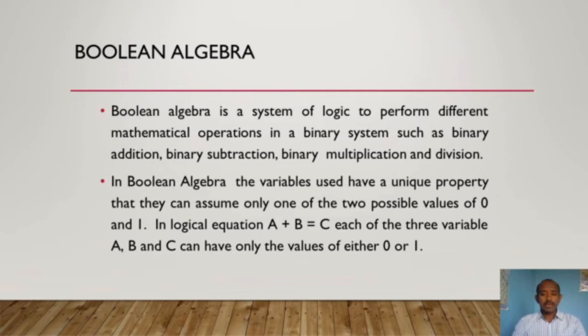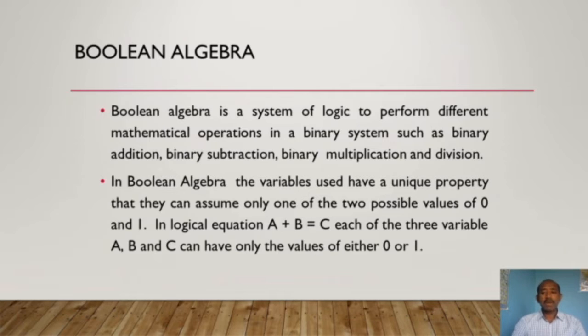In the last sessions we have seen that binary means only two digits are possible, either 0 or 1. In Boolean algebra, the variables used have the unique property that they can assume only one of the two possible values, 0 and 1.